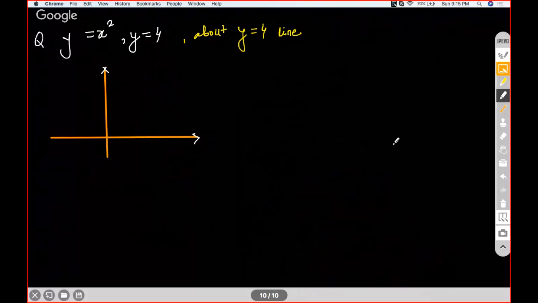It'll be like a quadrant. Y equal to x square is like this. Y equal to 4 is somewhere.